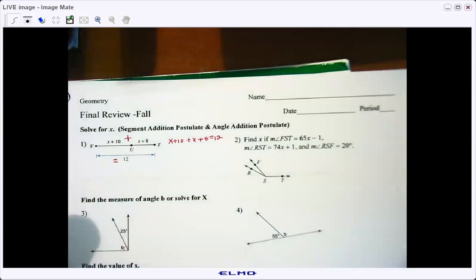This time I am going to have you put your answer in the chat box. I'm going to give you just a couple seconds to do that. We will get a negative number.